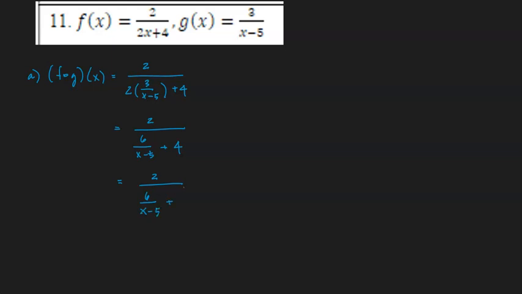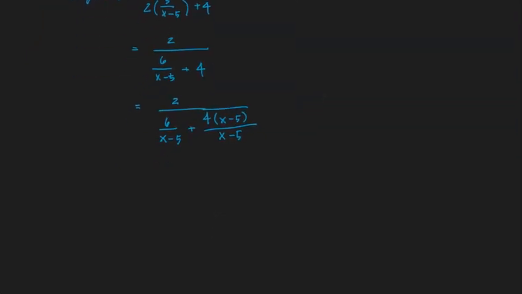Common denominator is x minus 5, 4 times x minus 5 over x minus 5. And then that is going to be 2 over 6 plus 4 times x minus 5 over x minus 5.